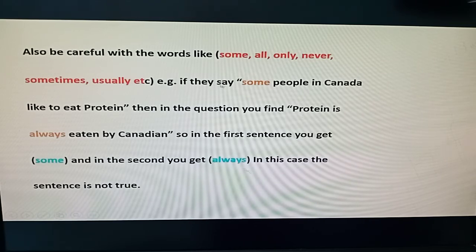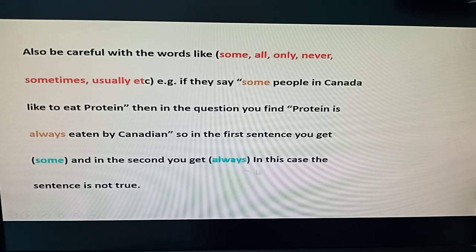If they say, for example, some people in Canada like to eat protein, and then in the question you find protein is always eaten by Canadians. In the first sentence you get some, it says some people in Canada, and in the second sentence you get always.